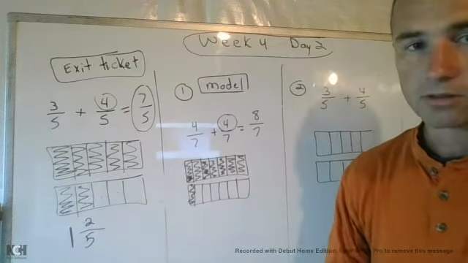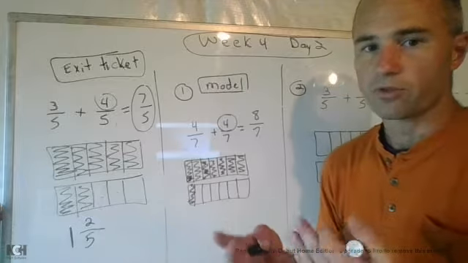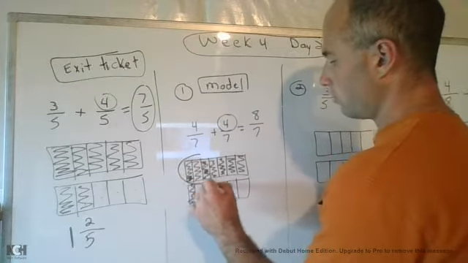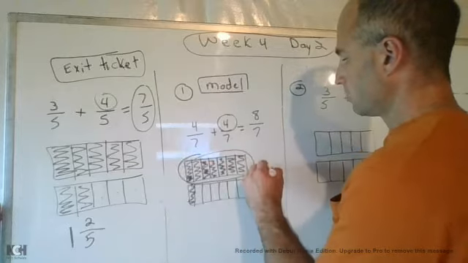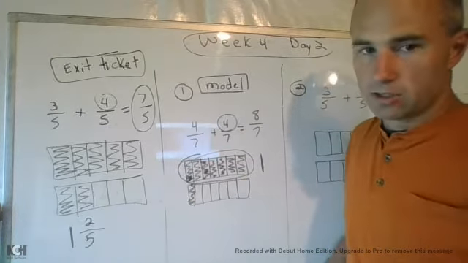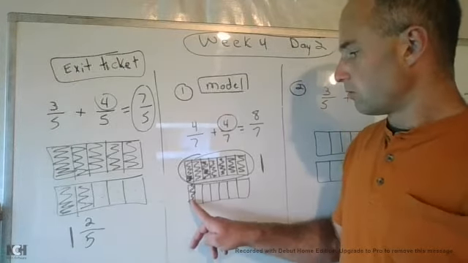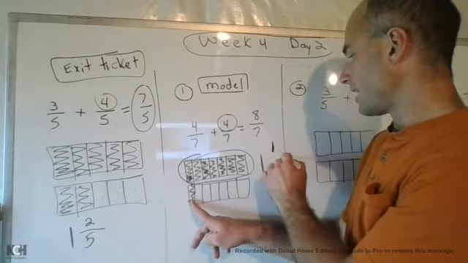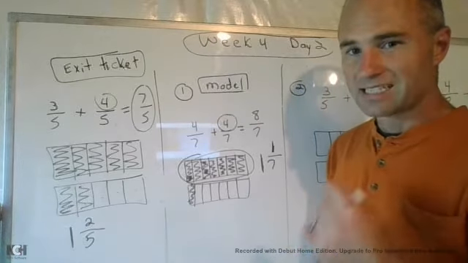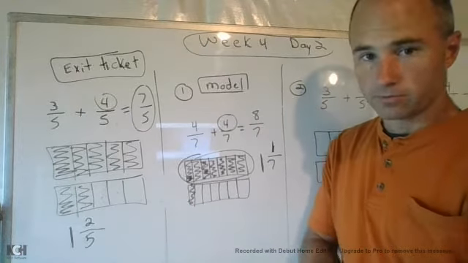Well, what do you notice? What do you see? What are you thinking? What are you wondering? I see I have 1 whole box shaded in. There's my 1. How much of the second box do I have shaded in? 1 out of my denominator of 7. That's considered a mixed number.